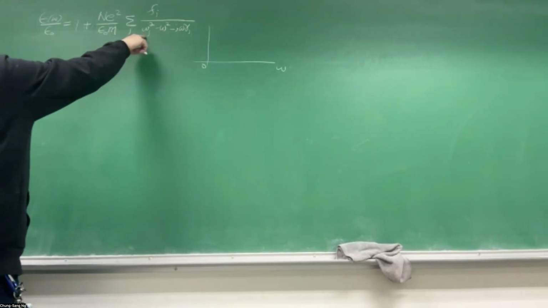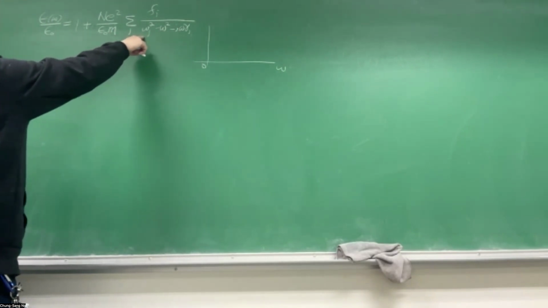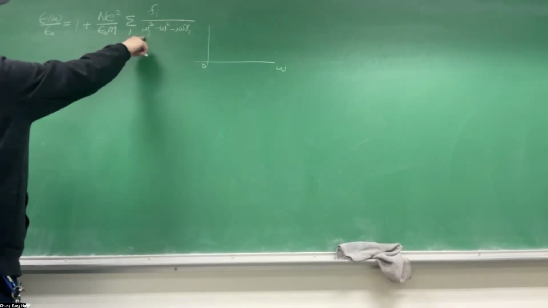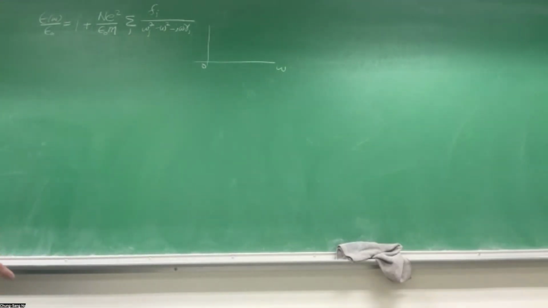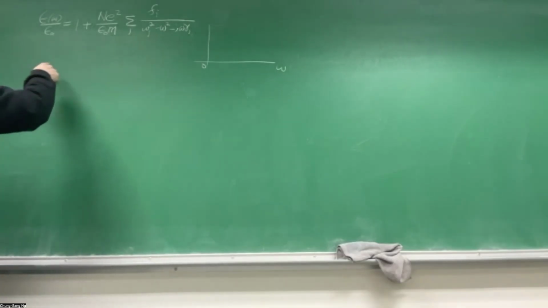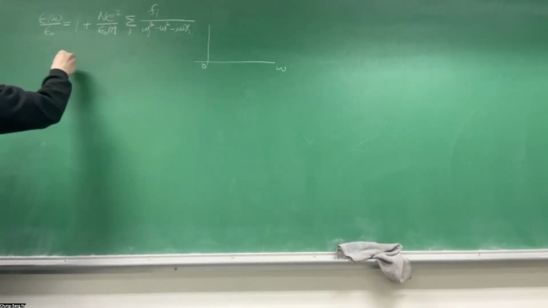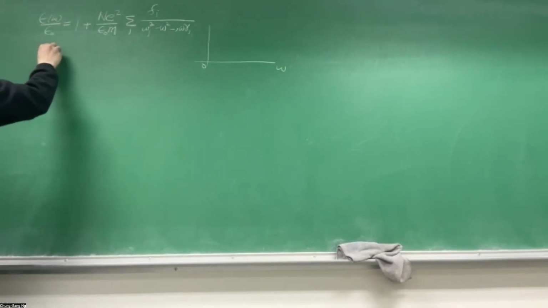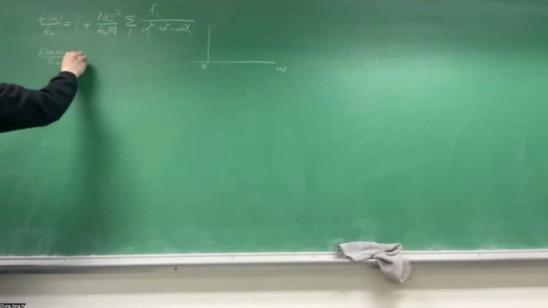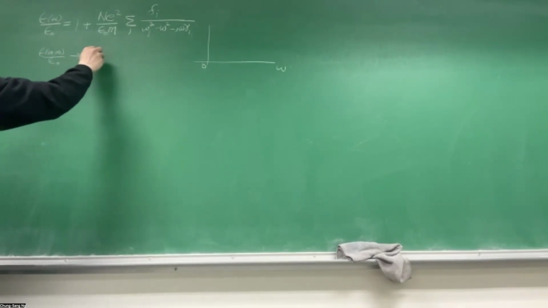Now it depends on whether all the omega_j's are non-zero or not. If they are all non-zero, then this will be finite, so it tends to just 1 plus the sum over j of f_j over omega_j squared.